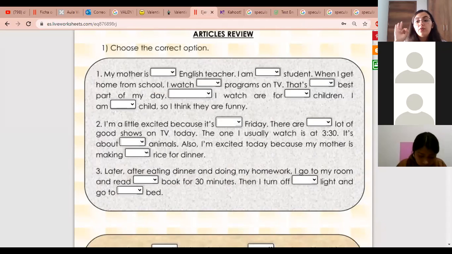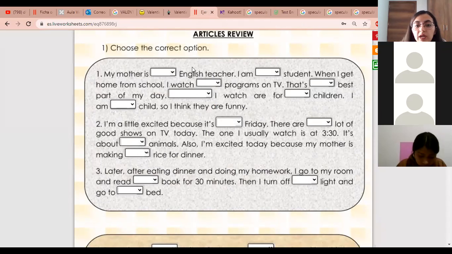You're going to see three small readings, three small rectangles with readings, and you're going to choose which article goes well in each blank space, okay? So for example, in this case, we have "my mother is" and then we have "English teacher."